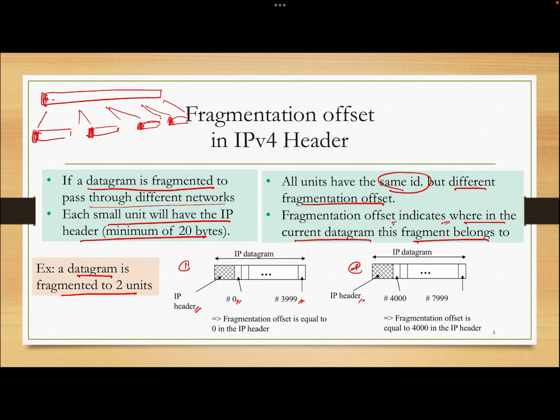The second one starts from 4,000 to 7,999, right? In this case, in the IP header, the ID is the same, but the fragmentation offset equals 0 here. This one, fragmentation offset is 4,000 here. So ID is the same, the fragmentation offset is different.